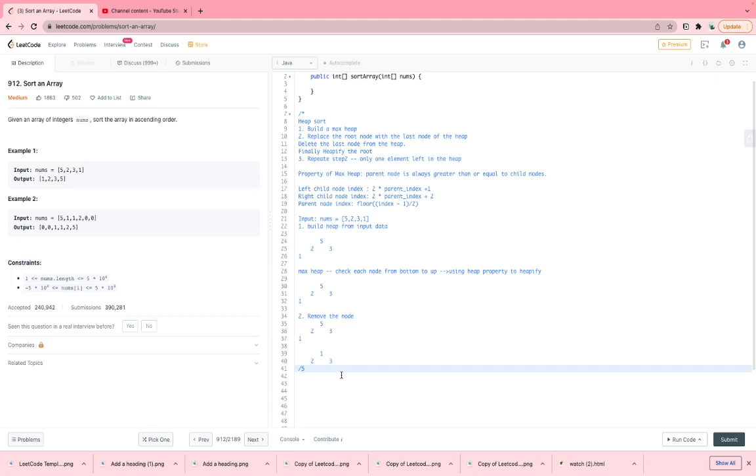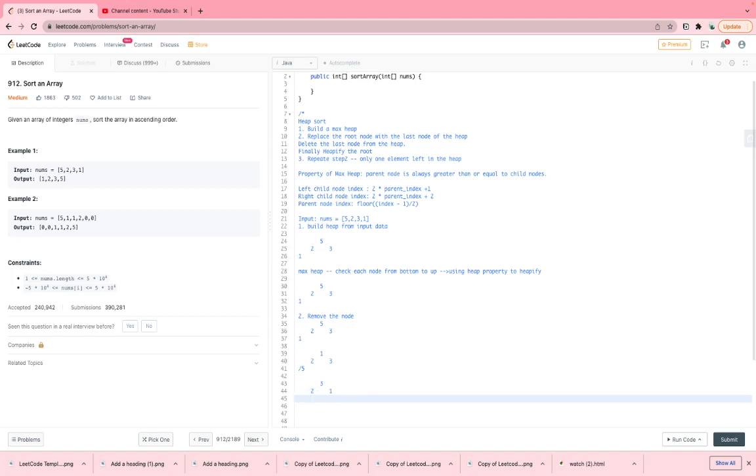Here is going to be 3, here is going to be 1. So we remove the 5 and then we heapify.